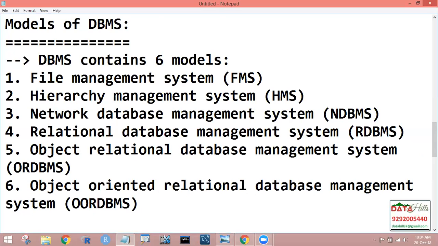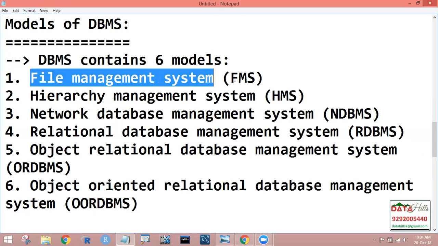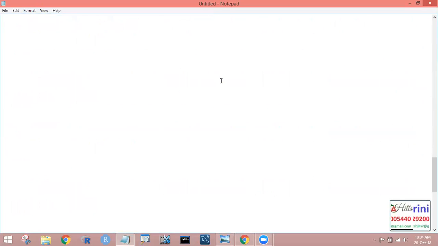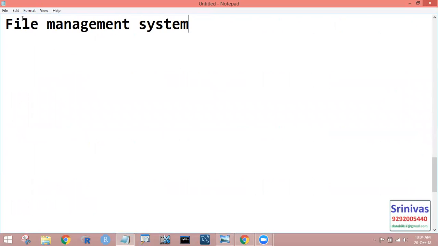First, what is a file management system? Right?